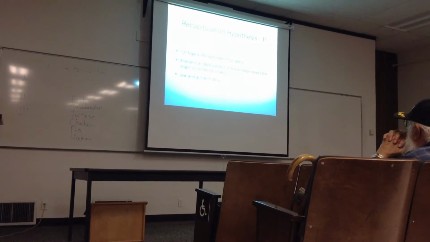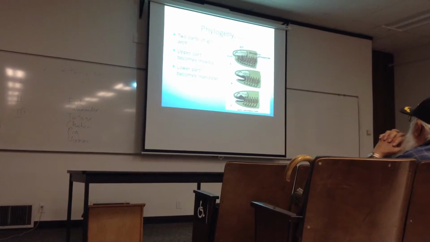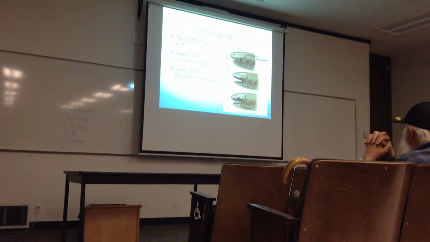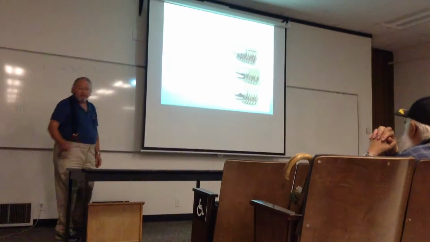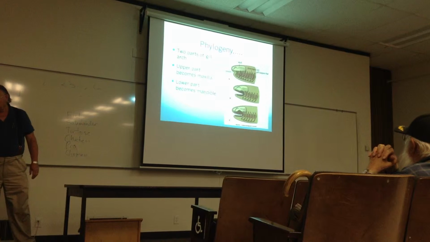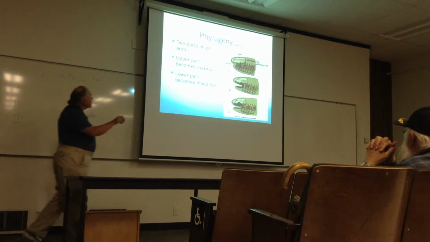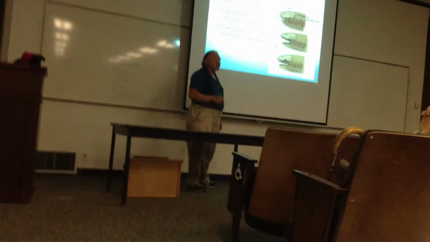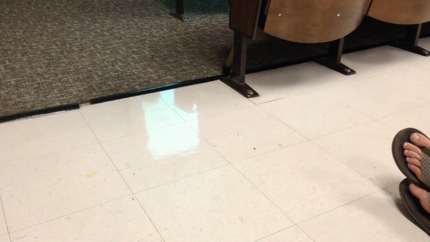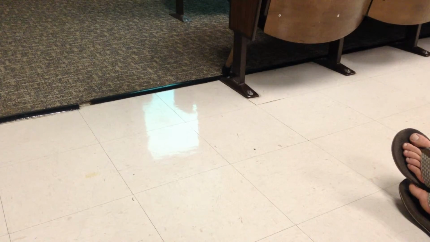So let's look at a particular structure, the jaw. Where does the jaw come from? Well, the jaw comes from a structure called a gill arch. This is the so-called agnathous chordate. It has an opening there, and in order to feed, it has to swim.